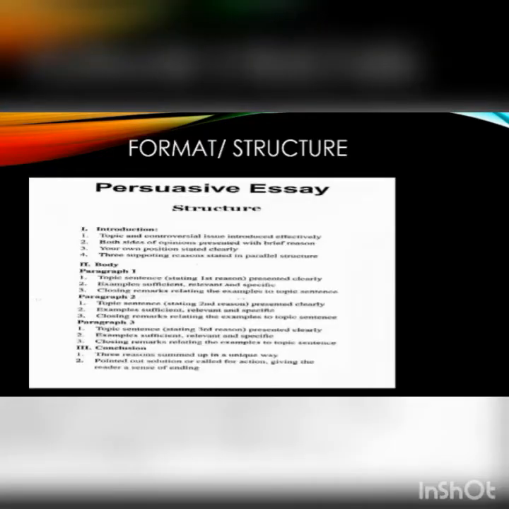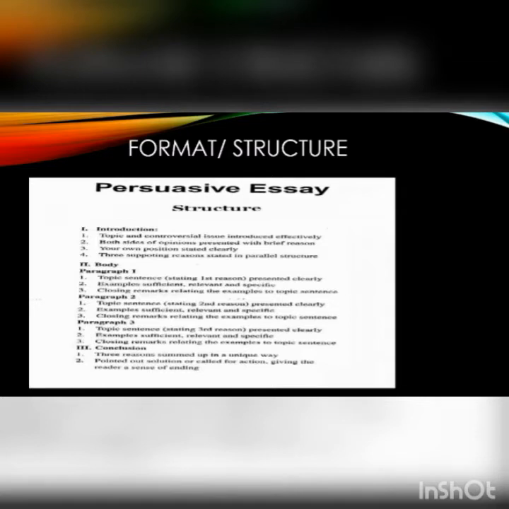Format and structure of a persuasive essay. The structure of a persuasive essay is that it is divided into three parts. The first is introduction, the second is body, and the third is conclusion. Basically, the body is divided into three paragraphs in which you have to give three reasons and examples that should be relevant and specific.